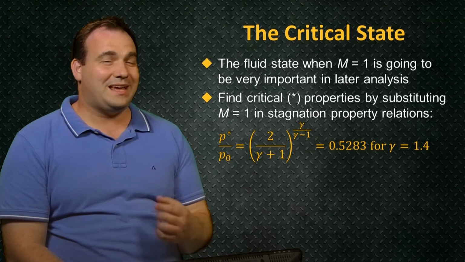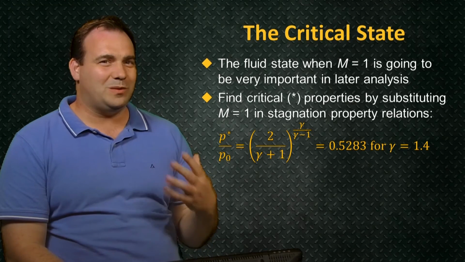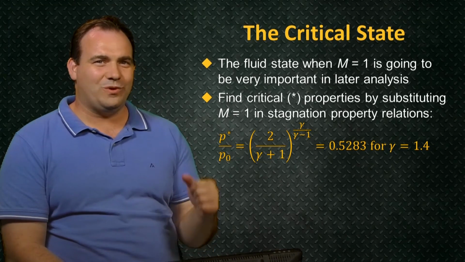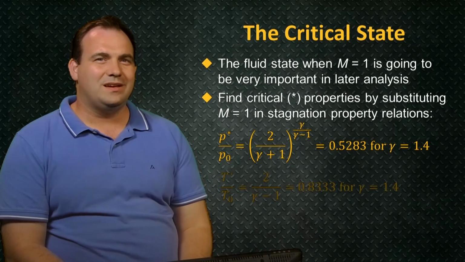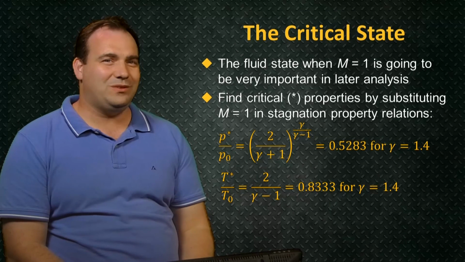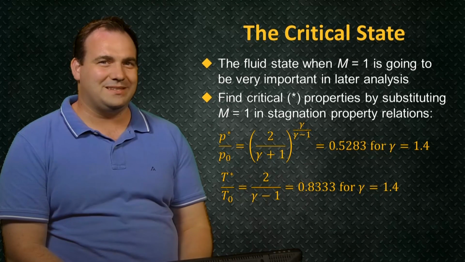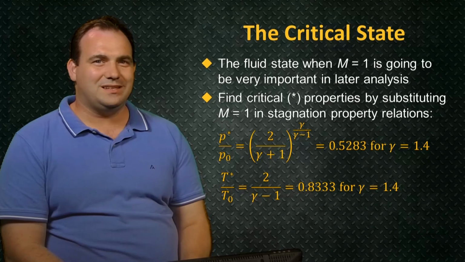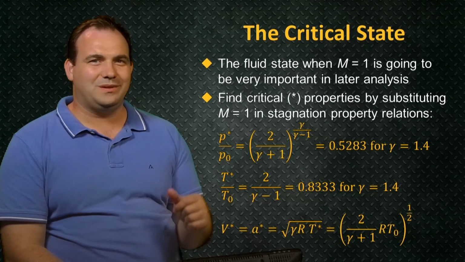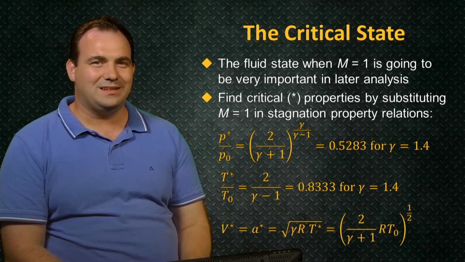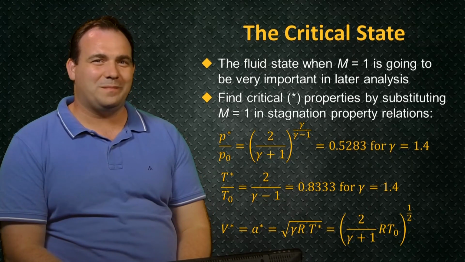This implies that air only needs to be stored at about double atmospheric pressure before it can reach the speed of sound when venting into the atmosphere. The critical temperature is 83% of the stagnation temperature, and this can easily be used to compute the critical velocity, which is equal to the critical sound speed, seeing as the flow Mach number is 1.